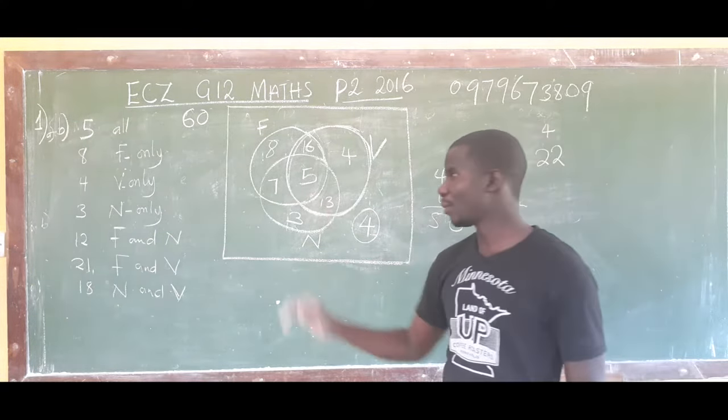Then we have this question here. The sum to infinity of this GP. Sum to infinity is given by this formula, A over 1 minus R. Okay?